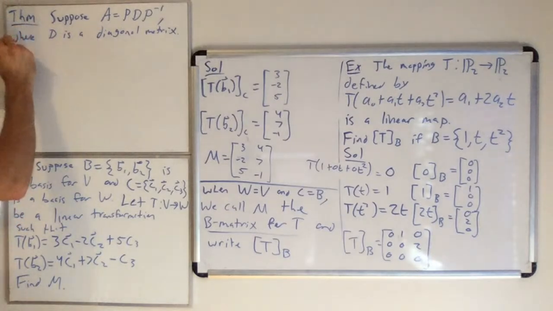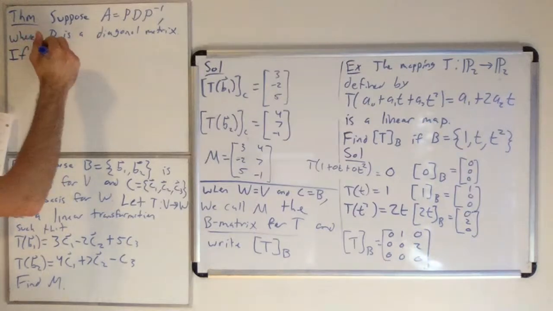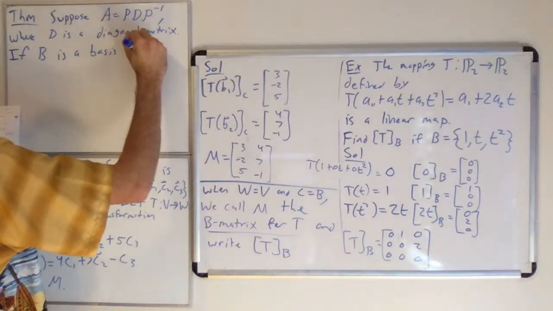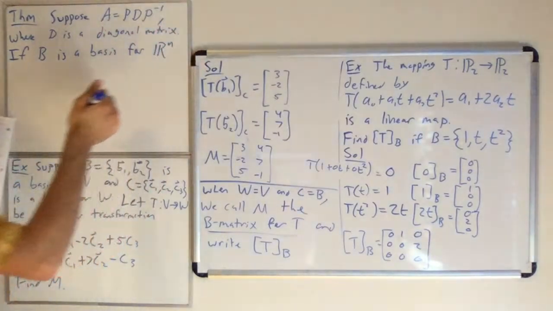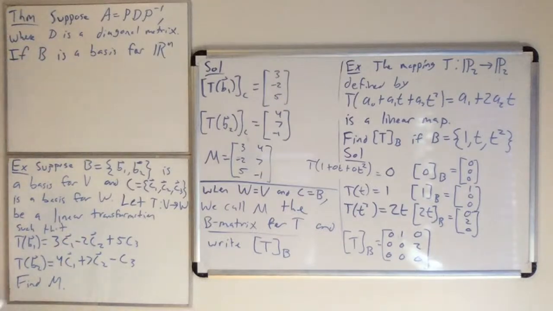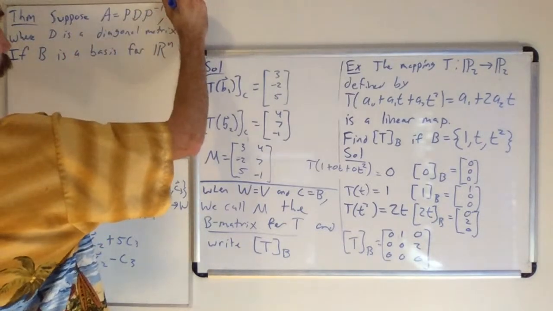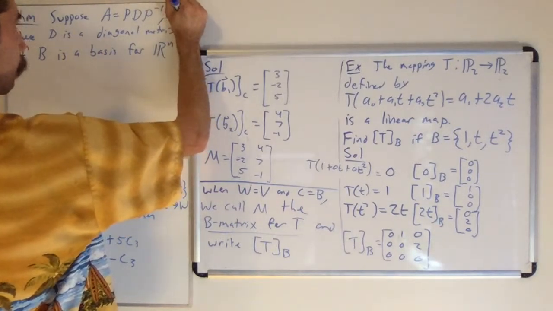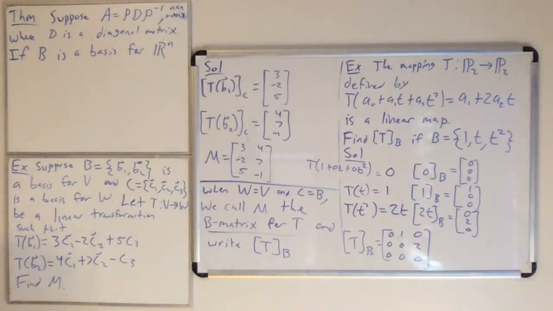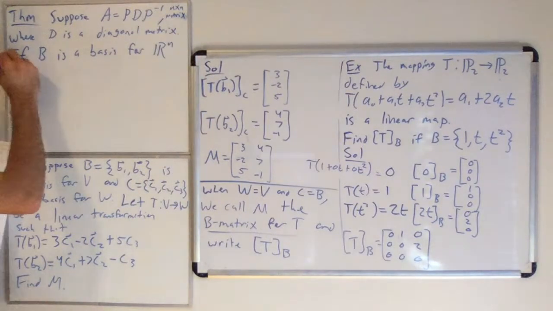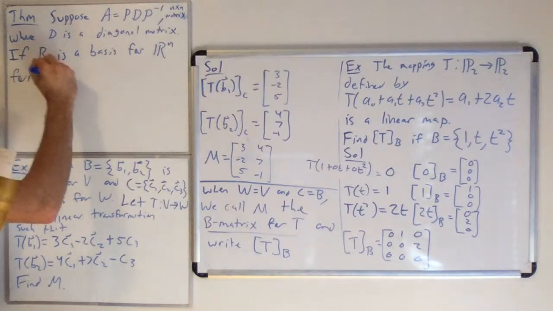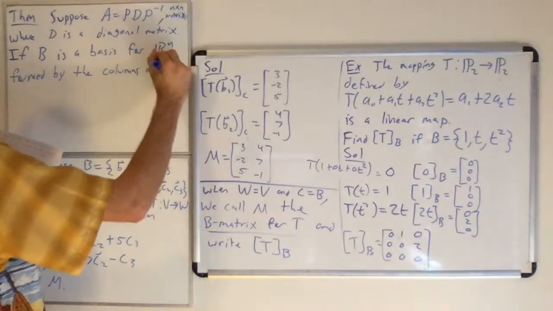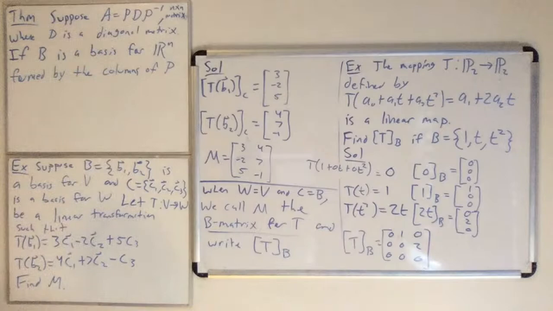So the theorem says if B is a basis for Rn, okay, A is an n by n matrix. If B is a basis for Rn, formed by the columns of P, okay, so P is a matrix. We get a basis formed by its columns.